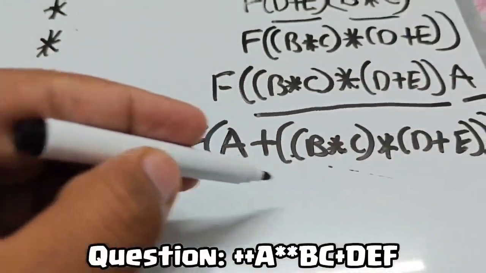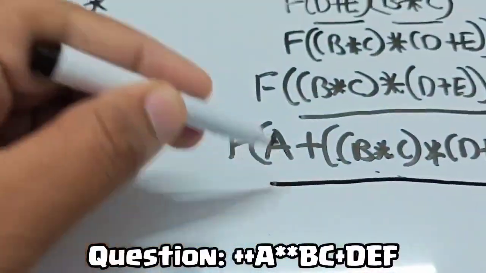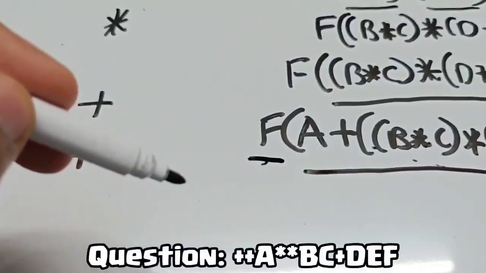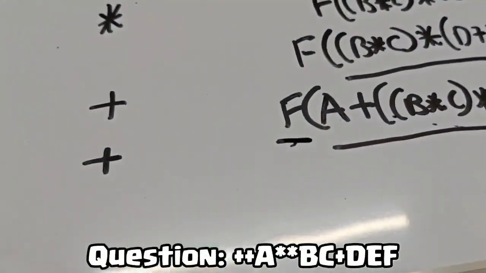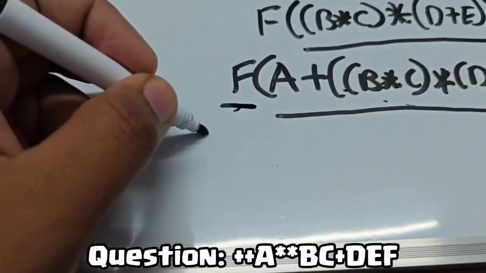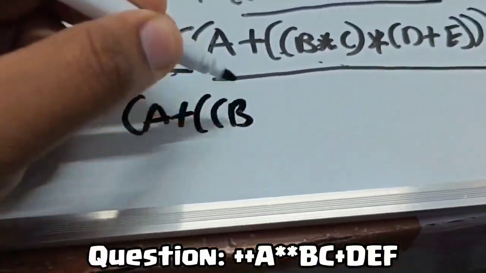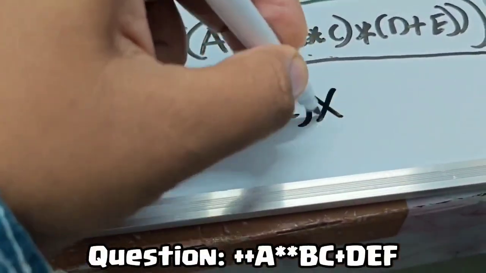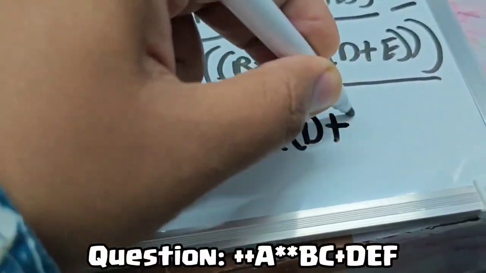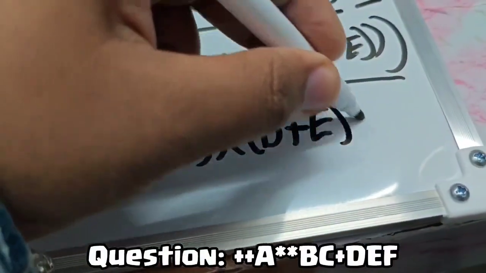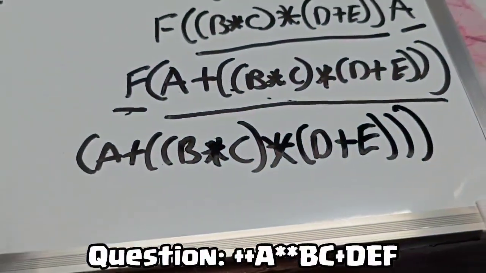See, now this whole becomes the first top and this will become the second top. So we have to write in this manner, that is A plus bracket B into C bracket into D plus E bracket, so many brackets.